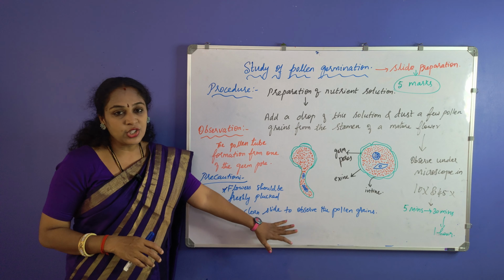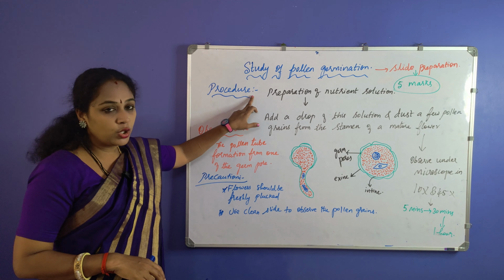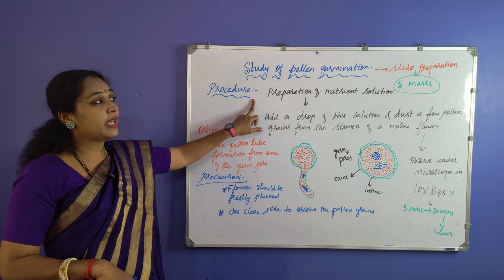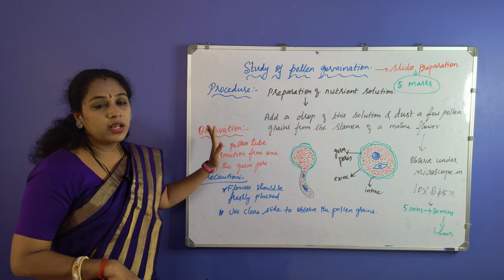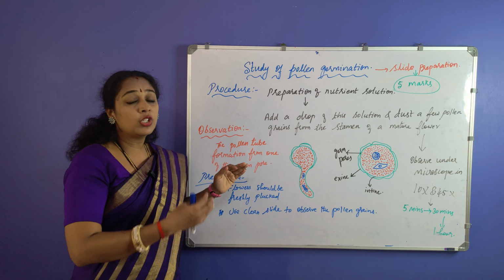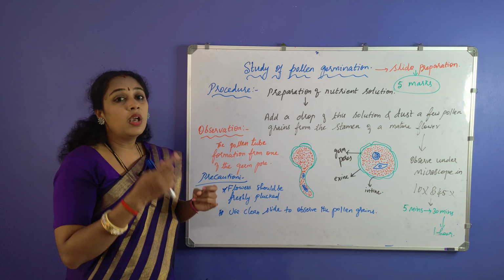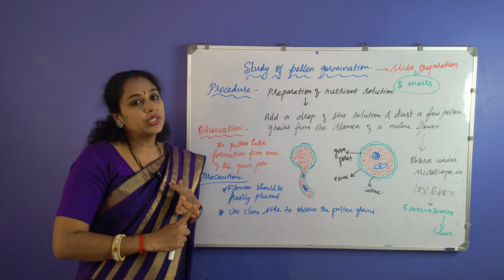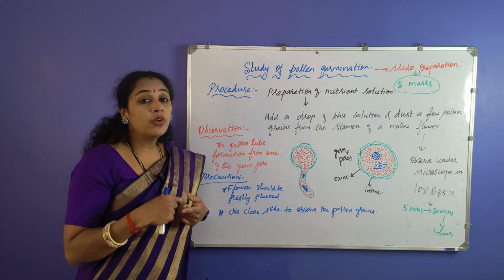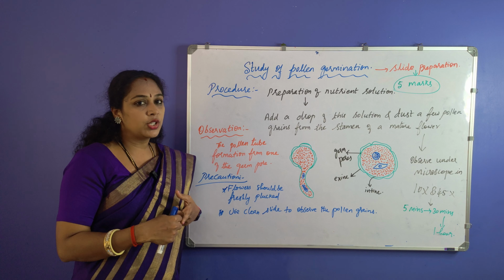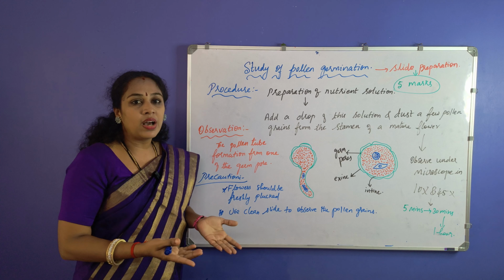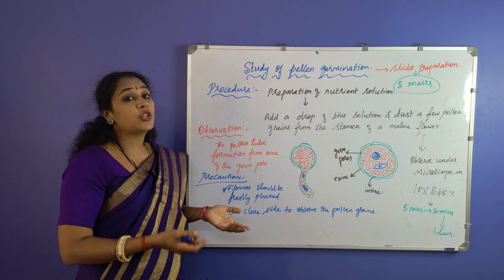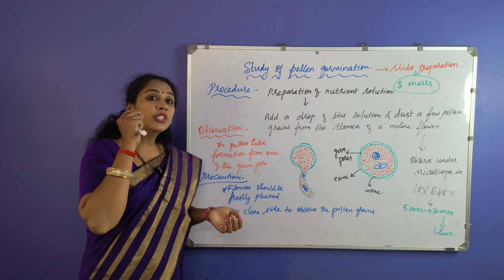Hope you have some information about this experiment, which is one of the slide preparations for your practical examination carrying 5 marks. And here you have an introduction about what is pollen, because viva questions will be asked in such a way, like what is pollen, what is the structure of pollen, what are the components present in the nutrient solution, what is the role of each component present in the nutrient solution, and what are the different flowers we use for pollen tube germination, what is a pollen tube, and what does the pollen contain?